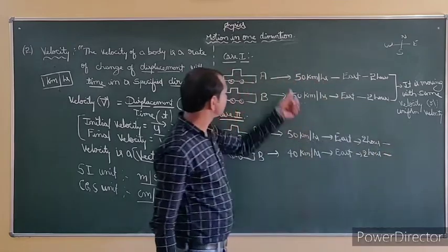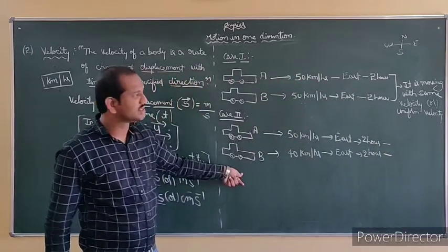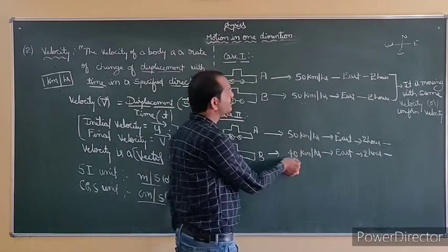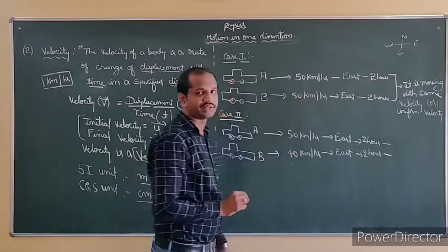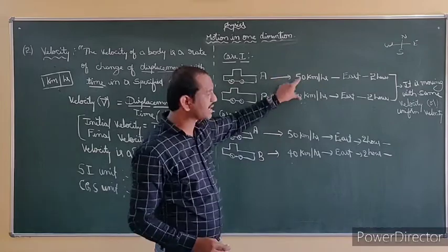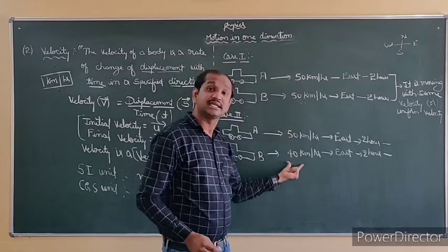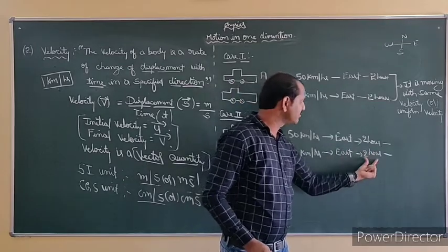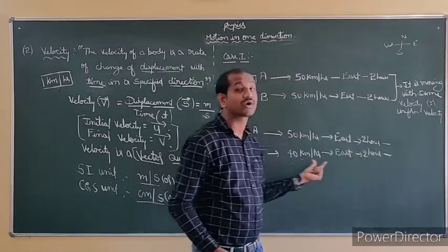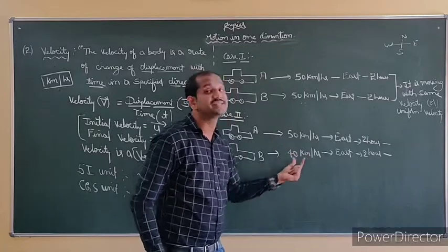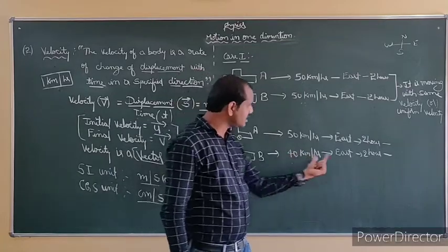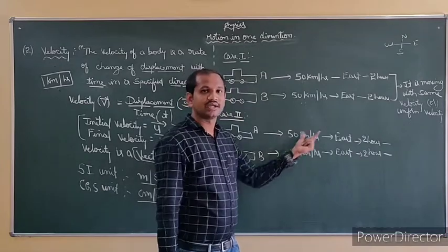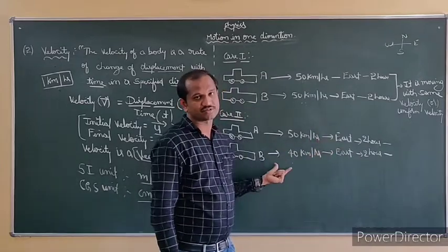What is the difference between case 1 and case 2? Just see that here we have magnitudes 50 and 40. In case 1 the magnitudes were 50 and 50, the same for both cars A and B. Here it is different. But what about direction? Direction is the same, and time is also the same. But the magnitude is changing. Hence, if even one of the three parameters changes, it is not moving with the same velocity.